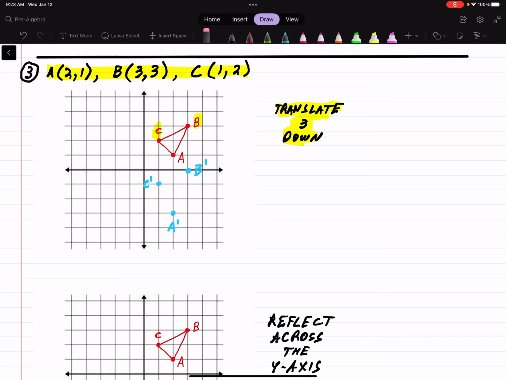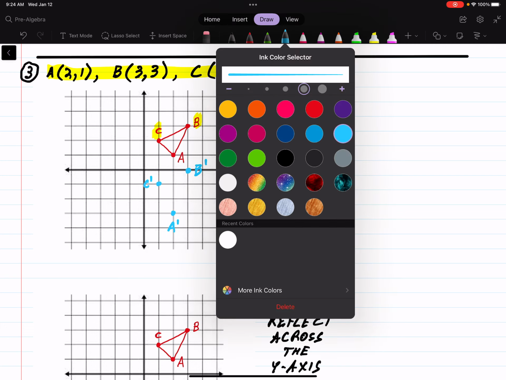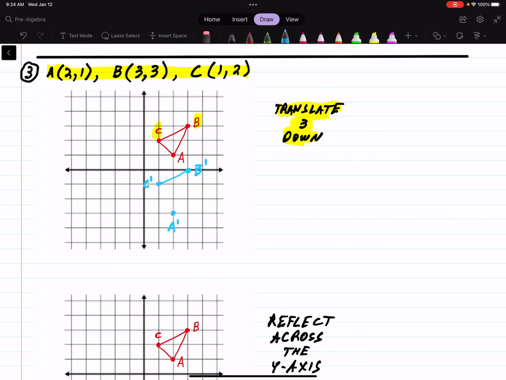And now let's connect it with a skinnier line. And we have now successfully translated it down 3 units. Just took every vertex, every point, moved it down, and then redrew the triangle.